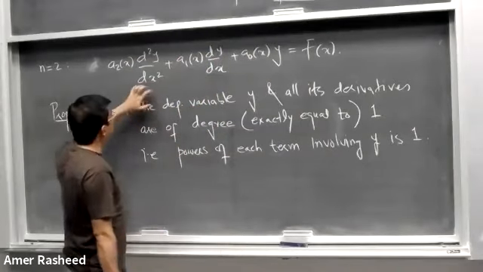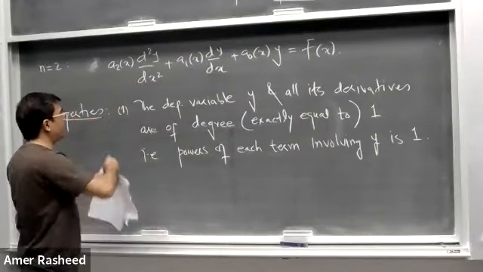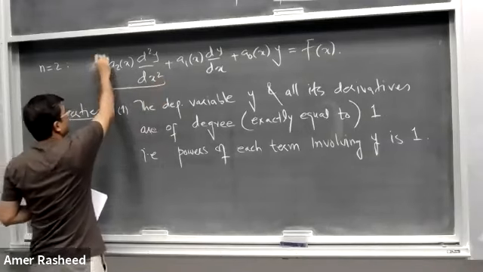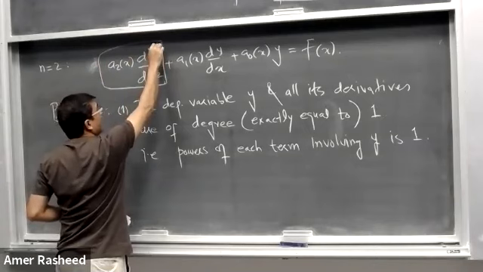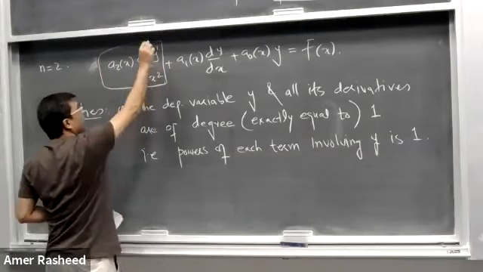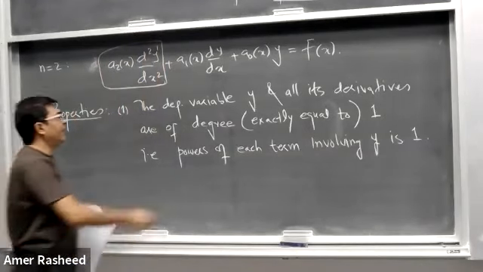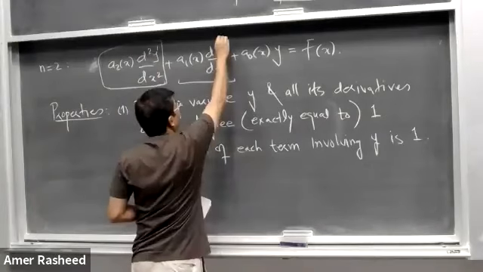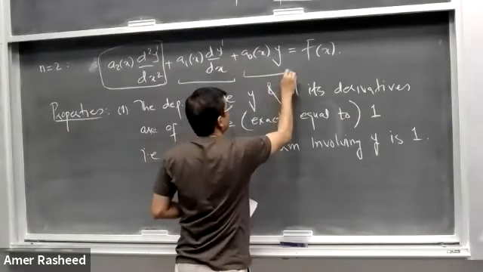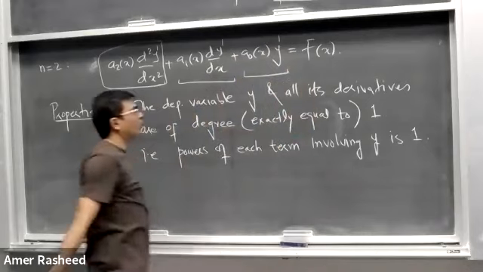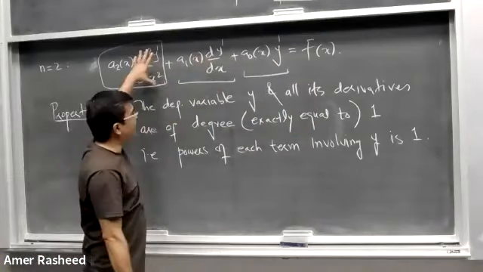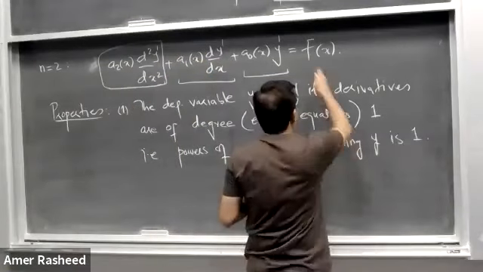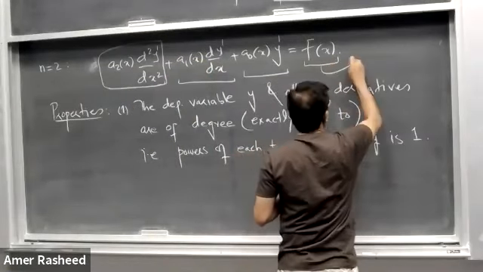Okay. You can see that in this whole term, the power of y is 1 here. The power of y is 1 here. In this term as well, the power of y is 1. And in this term as well, the power of y is 1. We only see it on the left hand side. The right hand side could be a function which is independent of y.